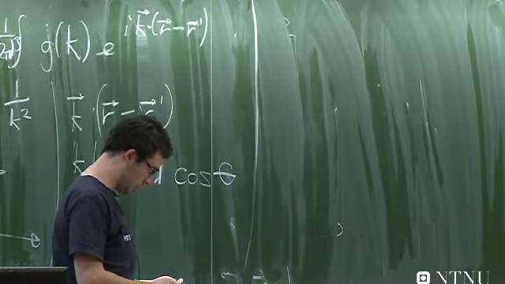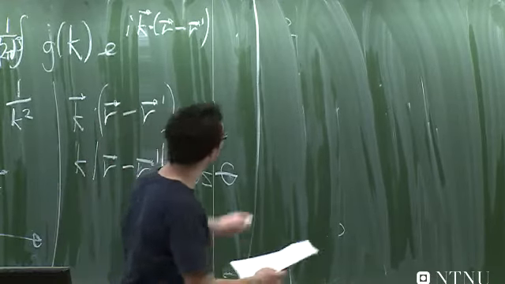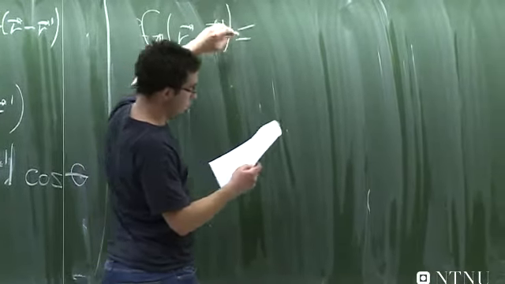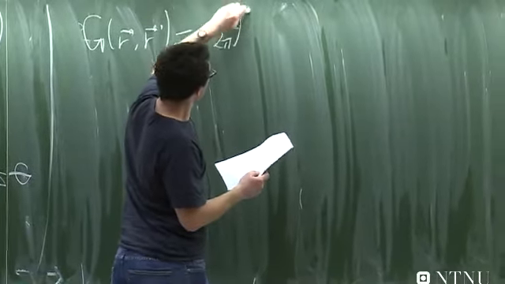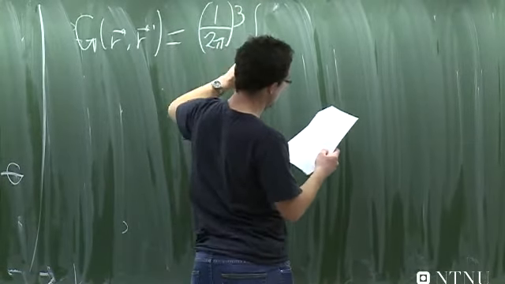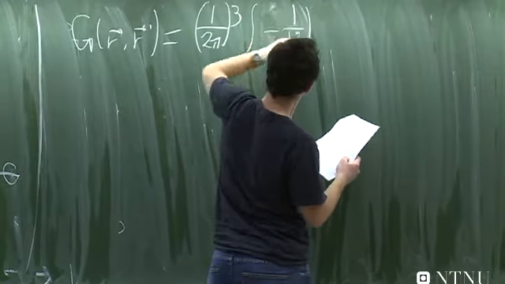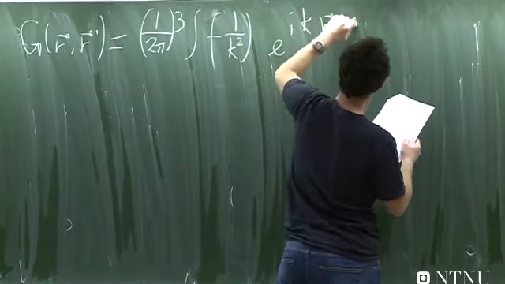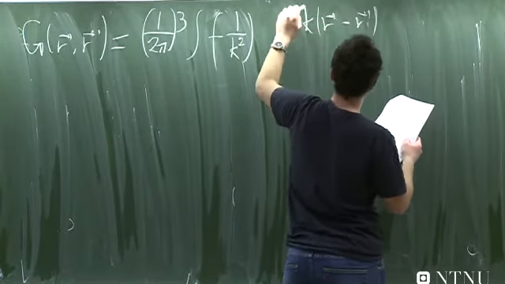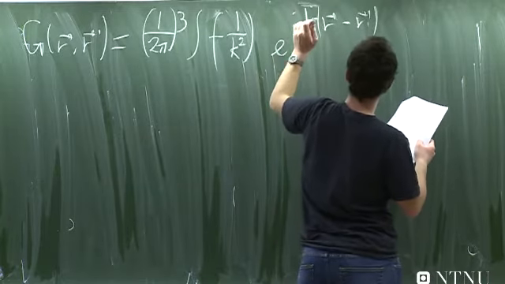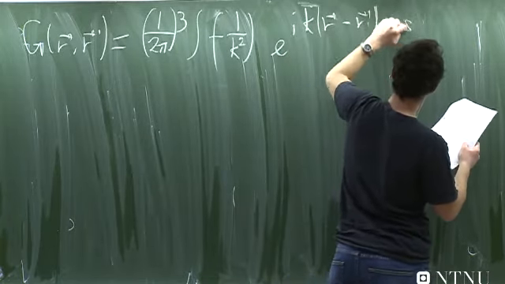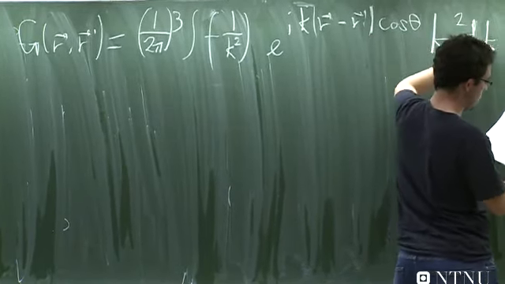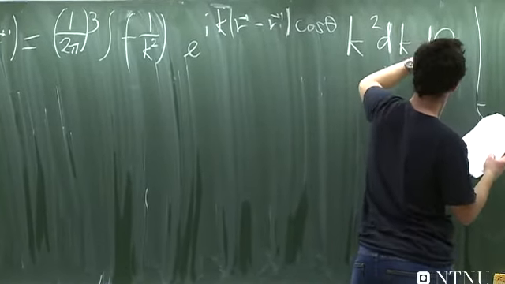So let's see. Well, this is just blood, tears, and hard work. So let's get started. G of r, r prime is equal to the 2 pi's, and it's minus 1 over k squared, e to the i k dot r minus r prime, written with cosine theta, k squared dk d omega k.